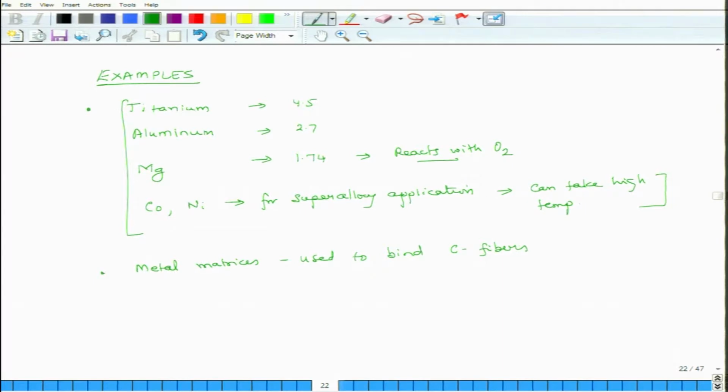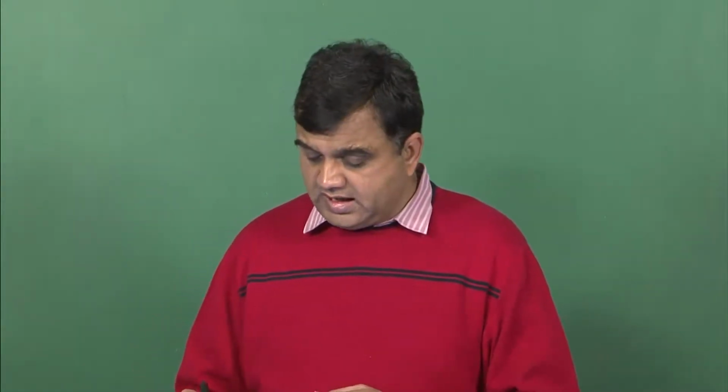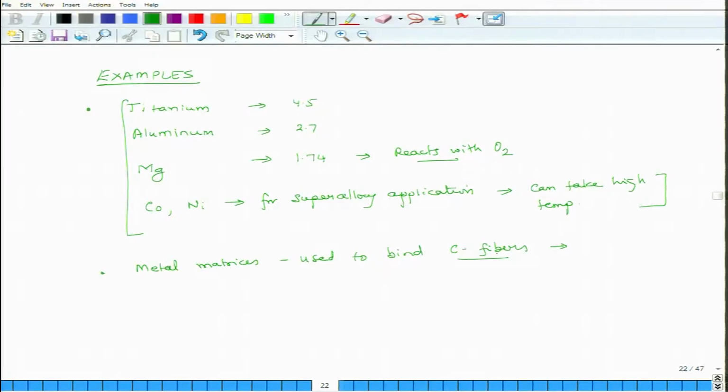But we have to make sure that a lot of these metal matrices react with carbon. So, in that case they coat the carbon with something else, tungsten or something, to reduce reactivity.